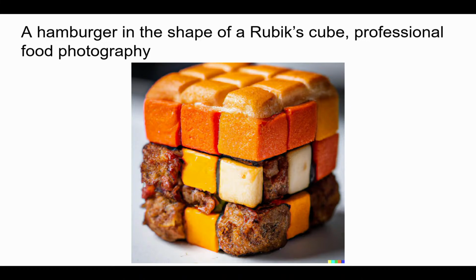And if you look at these systems, you can see how they understand images, the real world, the human concepts which we understand. So for example, here is a generated image of a Rubik's cube hamburger, a hamburger in the shape of a Rubik's cube. You can definitely see that the network understands the concepts of hamburger and Rubik's cube, and knows how to combine them. These types of systems give me an understanding of the semantic understanding which the neural networks retain.